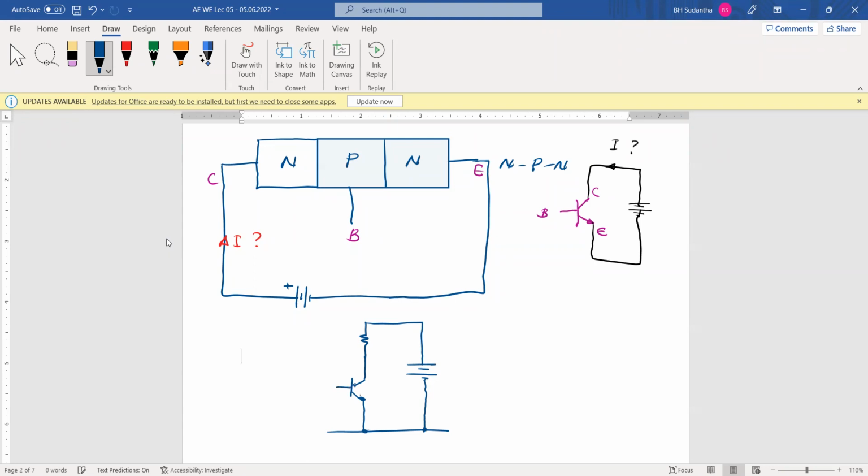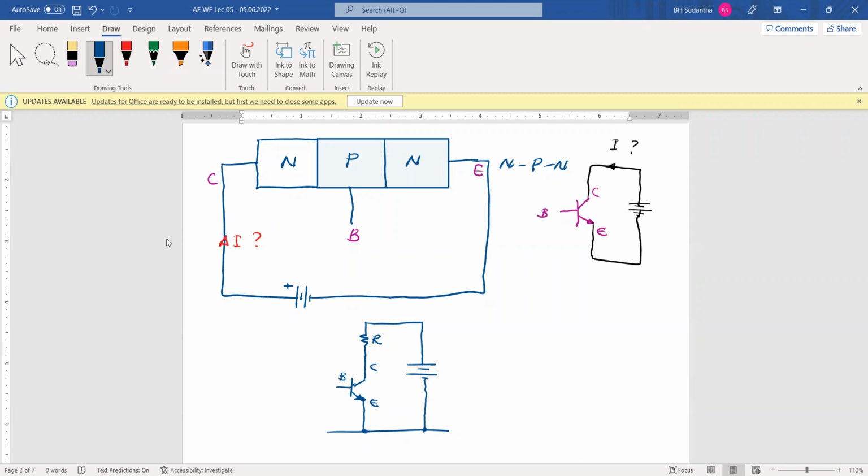But there is no current flow through this collector to emitter. External current is not there. But if you want to do that, the simple way is this: this is the base terminal. From base to emitter, we have a junction.